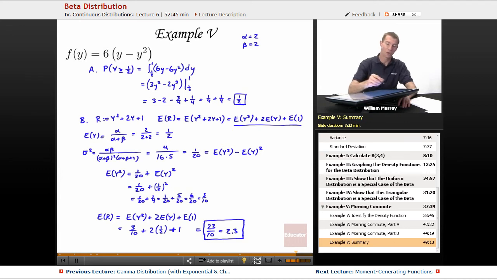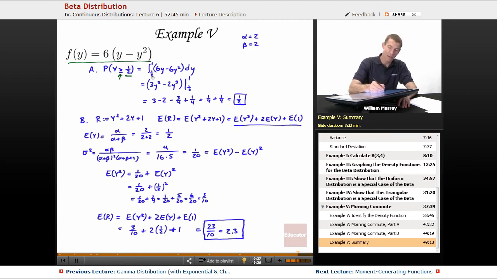Let me remind you where everything came from. This f of y, this density function, is something we figured out on the previous slide. You can check back and you'll see all the steps calculating that. In part A, we had to find the probability that it will take longer than 30 minutes to drive to work. Well, 30 minutes is 1/2 an hour, and we want it to be longer than 30 minutes.